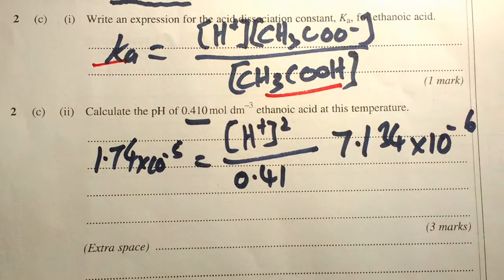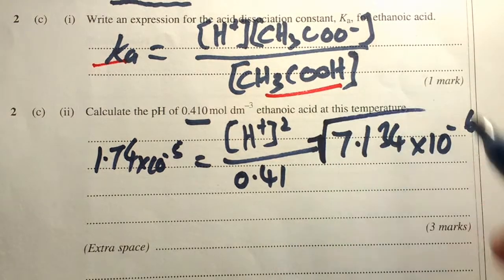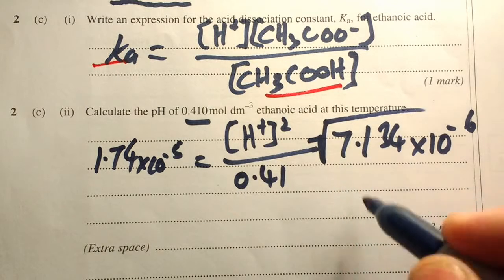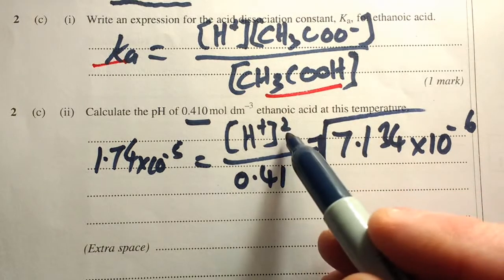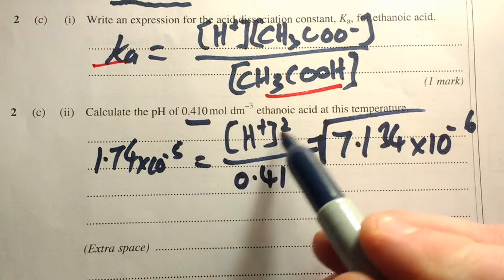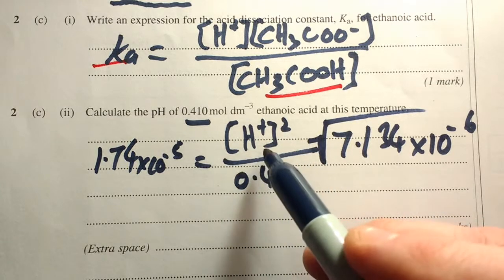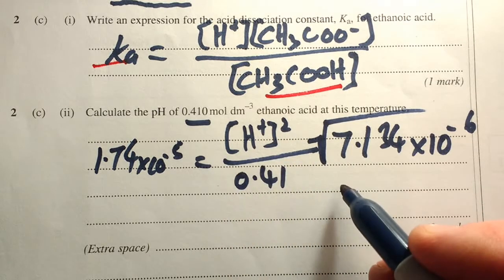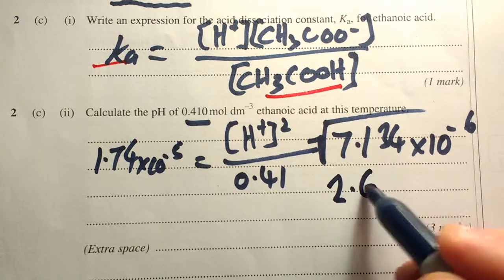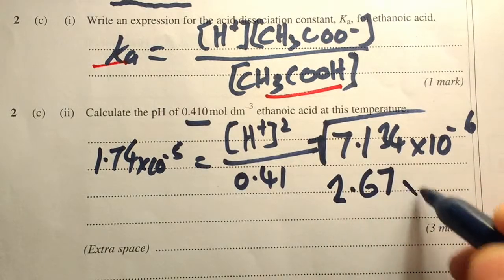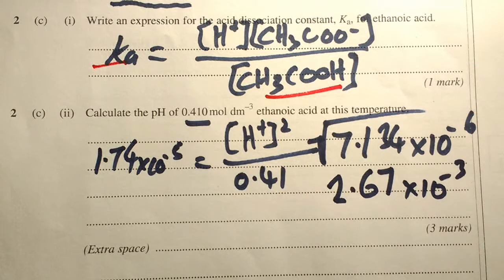Now we need to take the square root of that to give us the H plus ion concentration, because we've got that squared. So if we do the square root, it will give us the H plus ion concentration, so fairly straightforward. That should give us a H plus ion concentration of 2.67 times 10 to the minus 3.